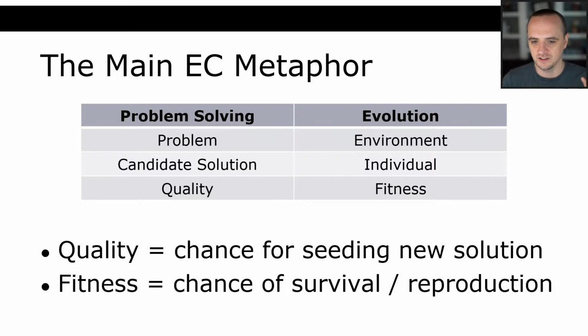Evolutionary computing has a lot of metaphors and analogies to nature and how nature solves problems, right? Evolutionary computation is essentially mimicking the way that nature performs evolution in order to solve the problem of fitness and reproduction in the real world.